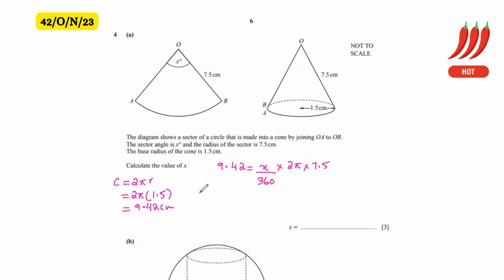So 2 times pi times 7.5 divided by 360 is 0.1308x. So then we do 9.42 divided by 0.1308, and x is coming out as 72.02 degrees. That is your angle x.